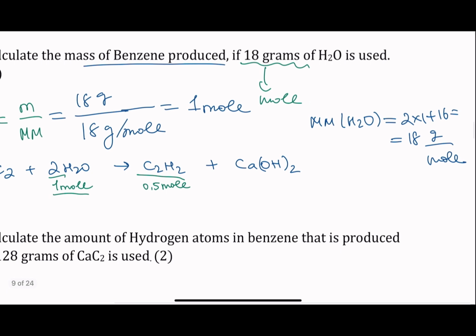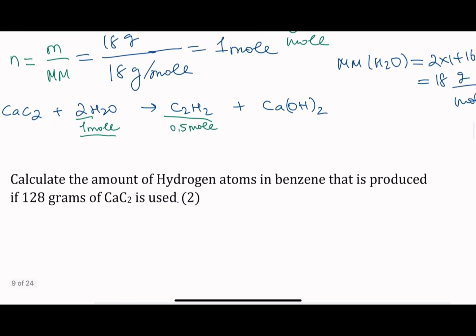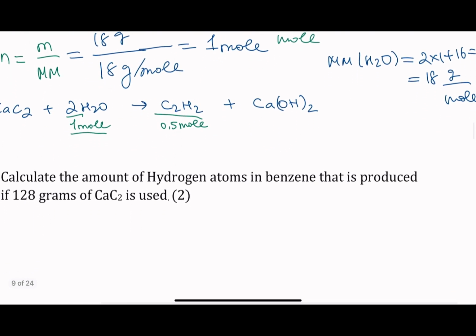You can either do it with proportions or whichever way you want. You can find the omega. There are many ways to do this. So you can find 1 mole divided by the coefficient of the water, which is 0.5 mole. And then from here, you know that the coefficient of C2H2 is 0.5 mole.